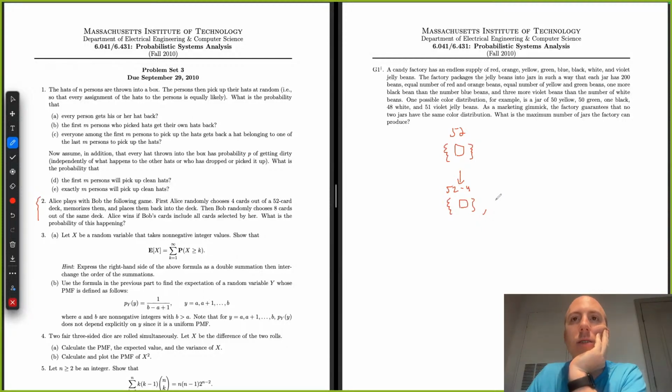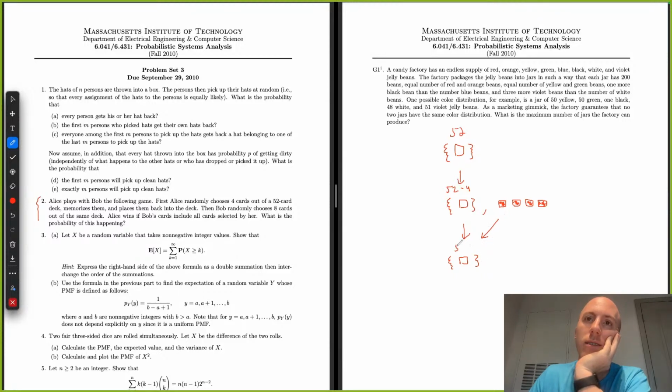And we have 1, 2, 3, 4. Alice chooses 4 of these. Then she puts them back into the deck, like this. So we're back up to 52.